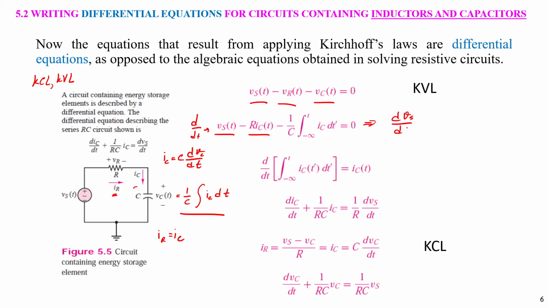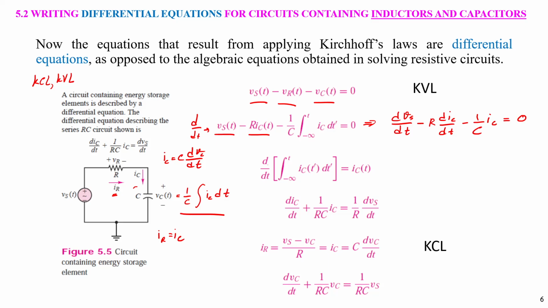So if we take the derivative of this equation, we will get dVs by dt minus R dIC by dt minus 1 by C, and we differentiate the integral, we have IC, equal to 0, right?